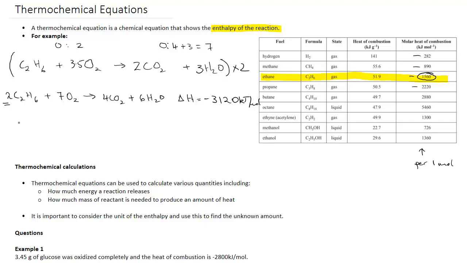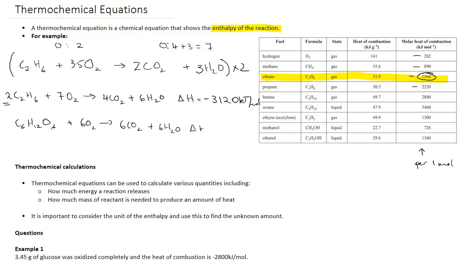Another example of a thermochemical equation is, say, burning of glucose. Plus 6 oxygens give us 6 carbon dioxides and 6 waters. I just remember this balance, but you can work it out if you need to.